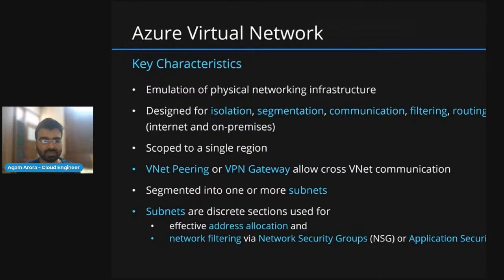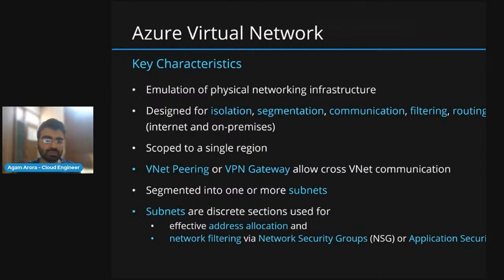So these are the key characteristics, as you can see on the screen. If we want to do physical network infrastructure emulation, that is done by the virtual network. You can isolate, you can create sections, you can communicate with the other elements, and you can also create routes to a specific service or internet, or if you want to connect to on-premises.